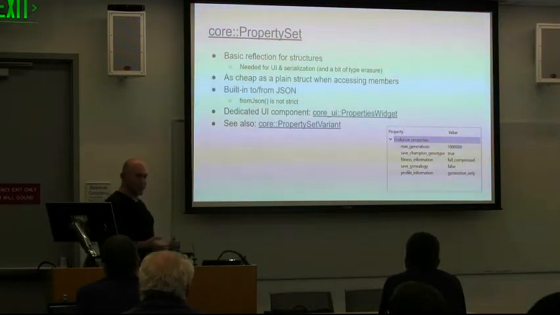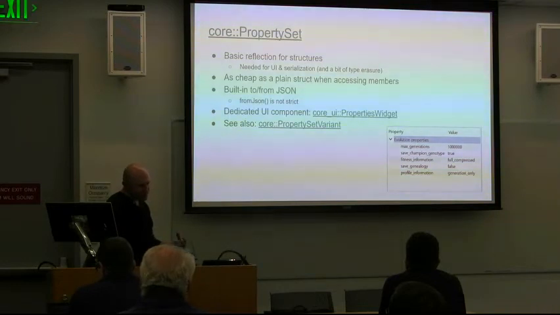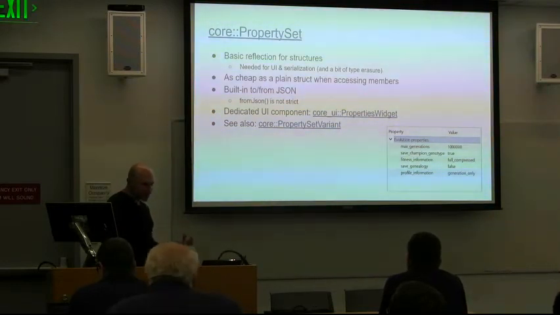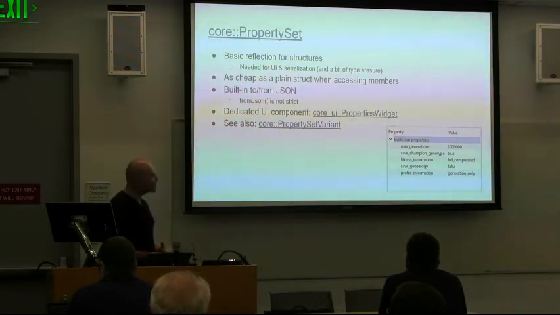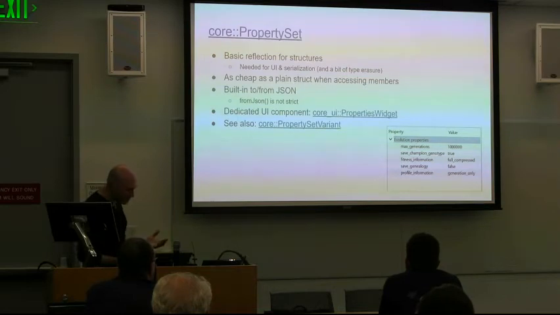Populations and domains have these parameters, and I want to be able to tweak them not in the code, but expose them in the UI and serialize and deserialize them. So I needed basic structure reflection. And I also wanted really fast, low-overhead access to the values. When I actually run the algorithm and use the configuration values, I want it to be as efficient as possible. So the property set is exactly that.